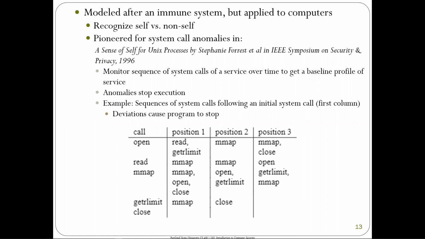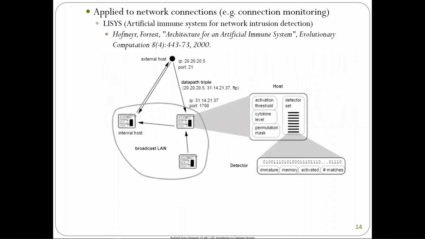You could do the exact same thing on network connections, right? If you're a web server and all you're doing is receiving inbound port 80, if you all of a sudden want to do an outbound SSH, that's going to look anomalous. And that's the idea of this LISYS system: you're going to do the same thing. You're going to monitor all the incoming connections, and you're going to see incoming port 80 all the time.